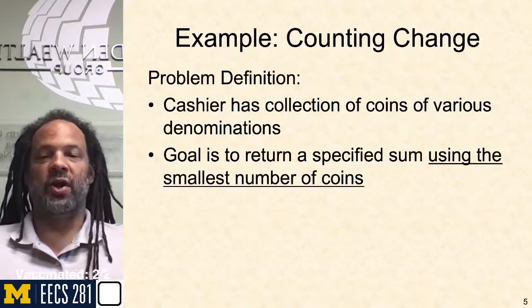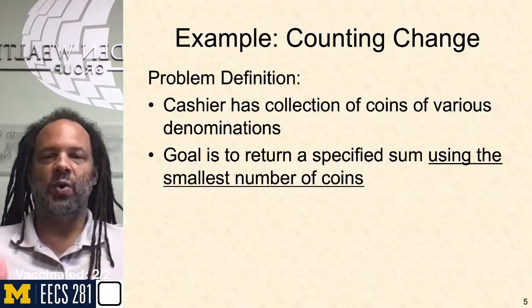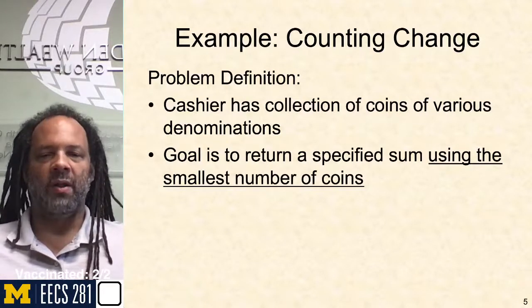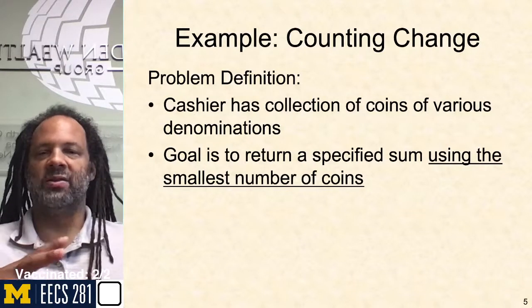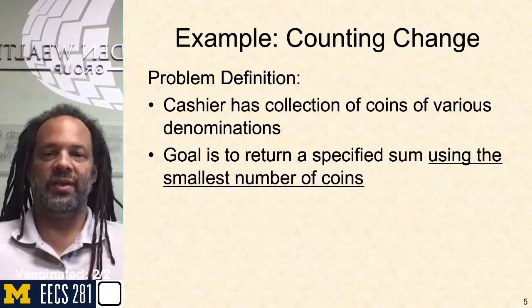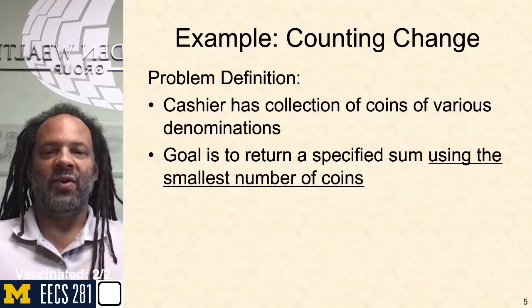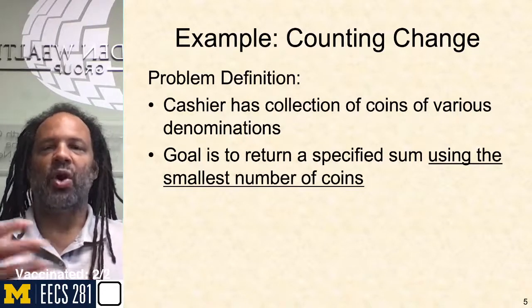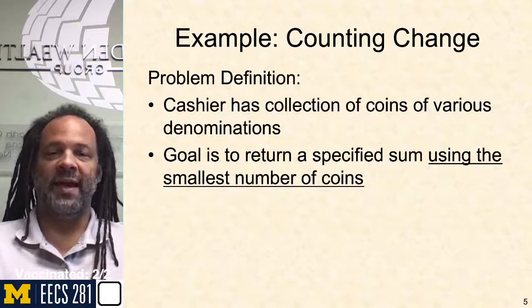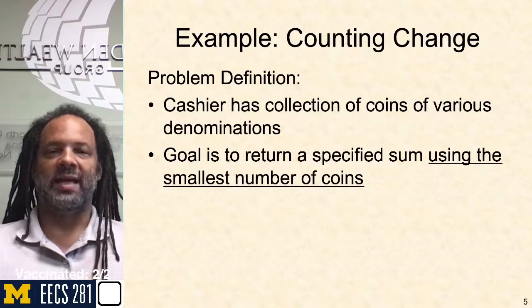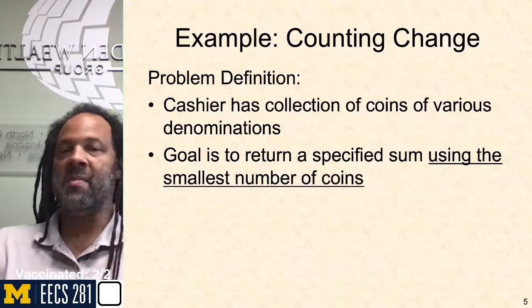But the goal is to return however much change is owed to the customer using the smallest number of coins, because more change than they should get angers the store owner, less change than they should get angers the customer, and it's kind of annoying when you get more coins than you need. So if I could get 75 cents, I certainly wouldn't want that in 75 pennies. That would satisfy one constraint, which is I get my money back.